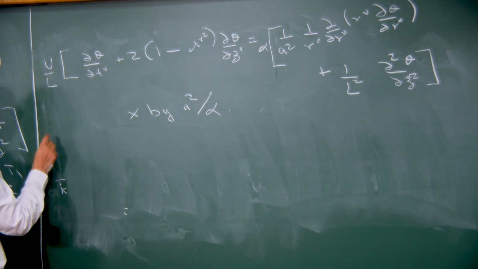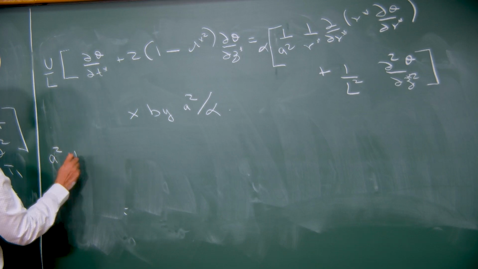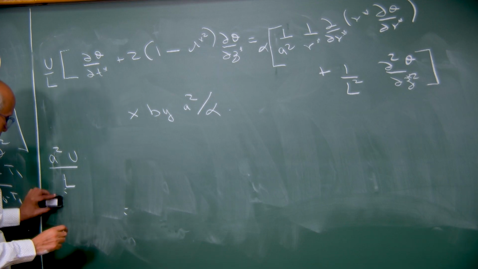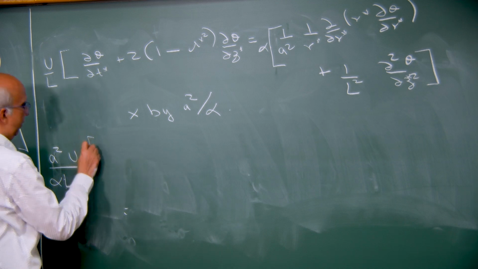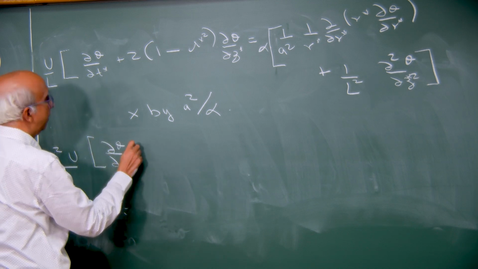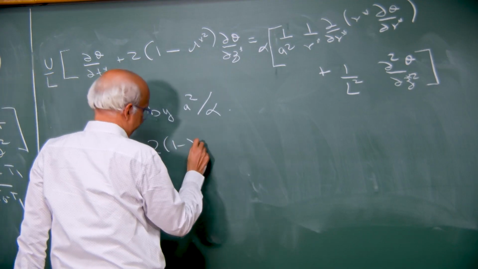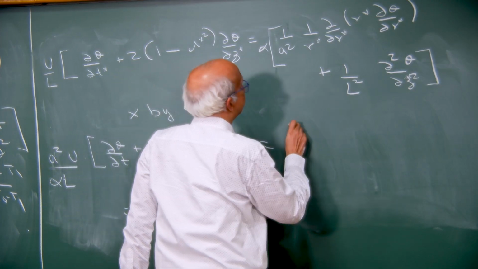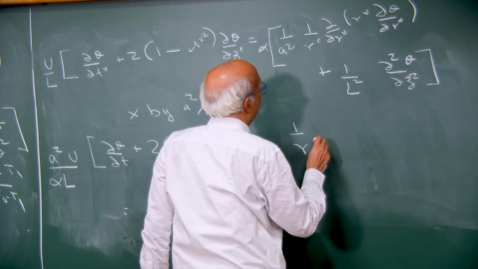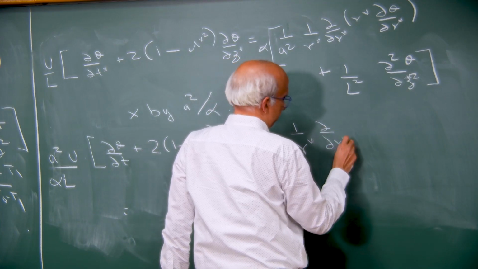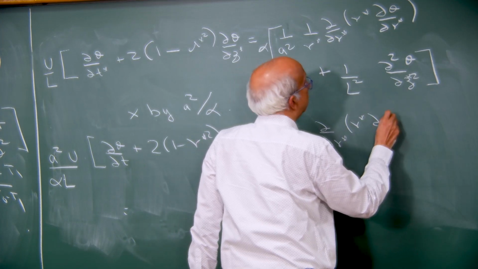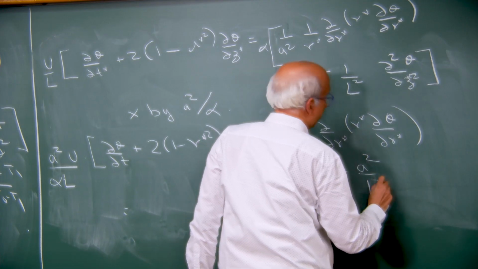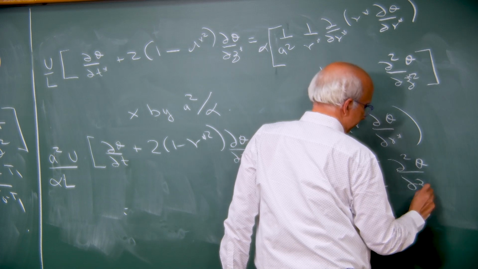So, I get A squared u by L alpha times d theta by dt star plus 2 times (1 minus r star squared) d theta by dz star equals the radial term plus A squared by L squared d squared theta by dz star squared.